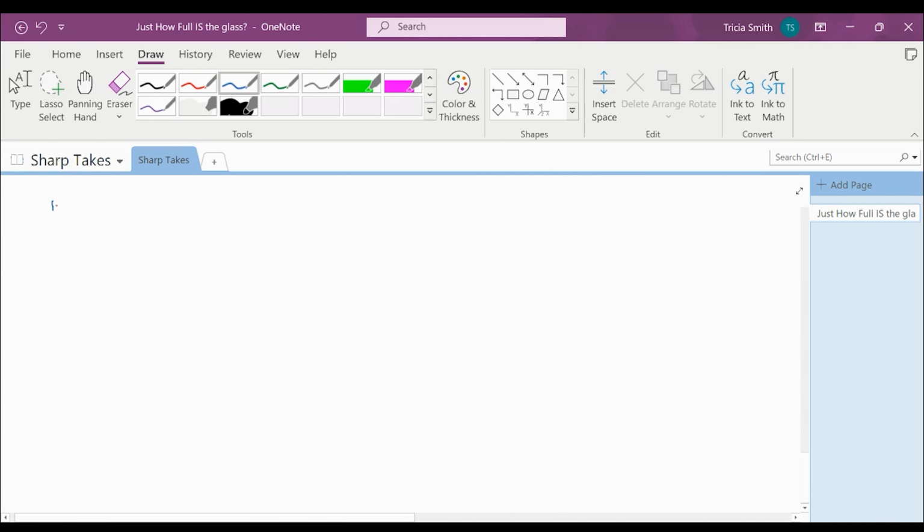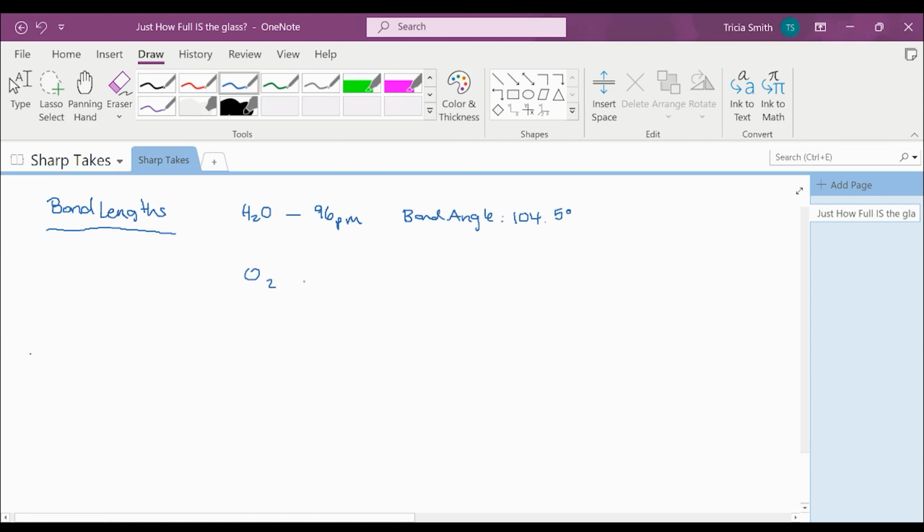Next, we need the bond lengths. This will help determine the size of each molecule. For H2O, the bond length is 96 picometers, and the bond angle is 104.5 degrees.